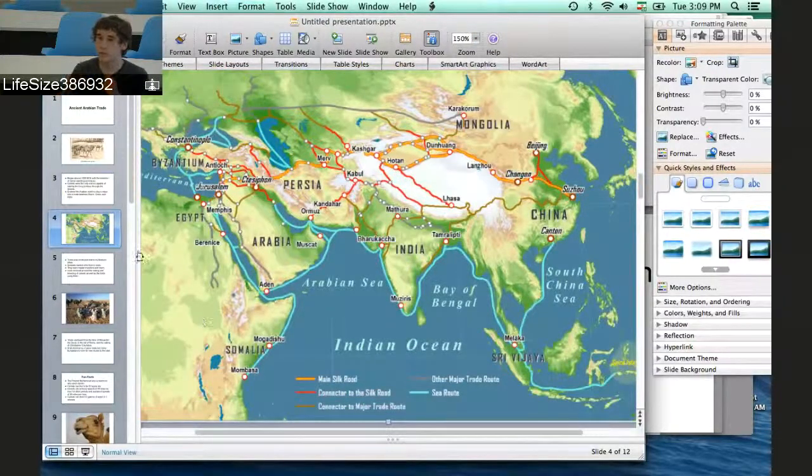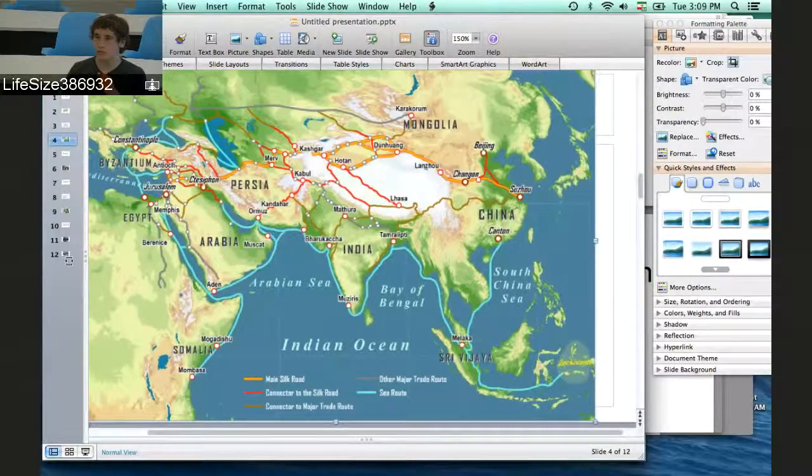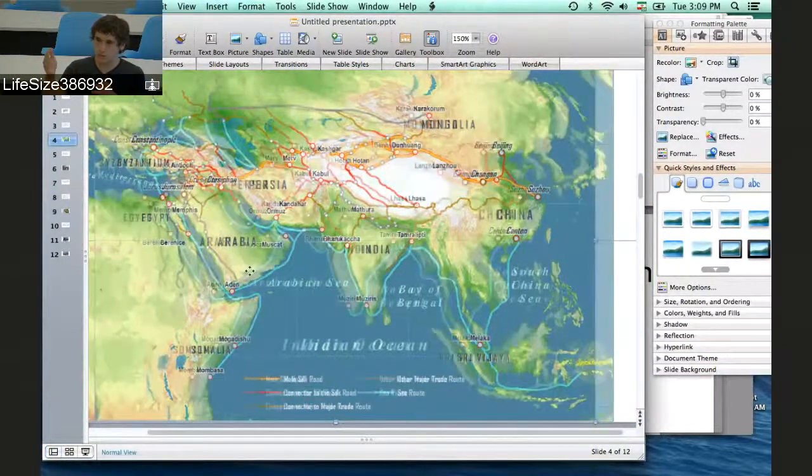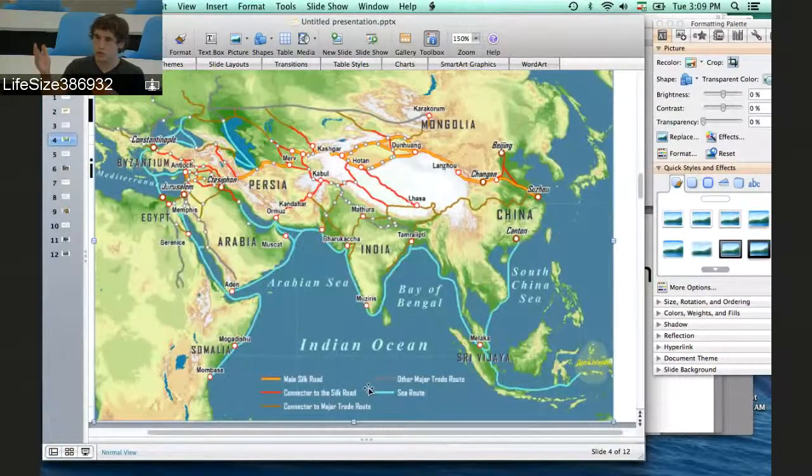Okay, thank you. So this slide illustrates the Silk Road trade routes. Now, the Silk Road was one of the largest trade routes. This was what was used to bring goods from China and India into Europe. These included spices, silk, textiles, and all sorts of other goods that were incredibly valuable.